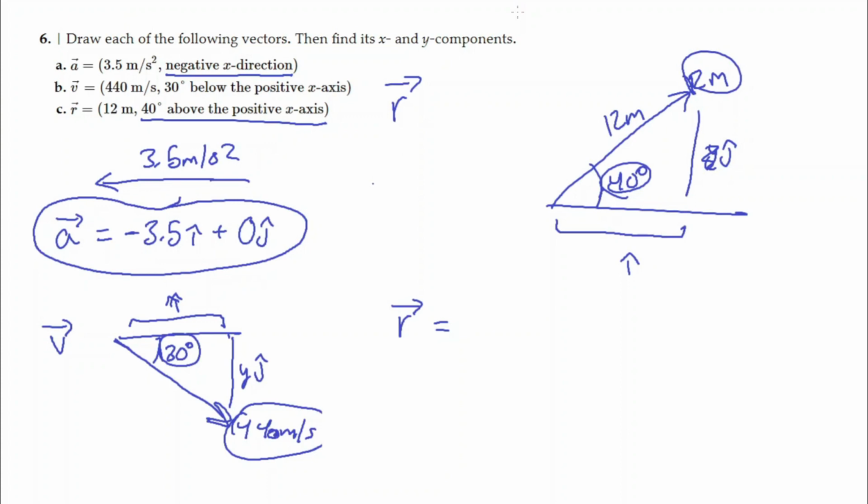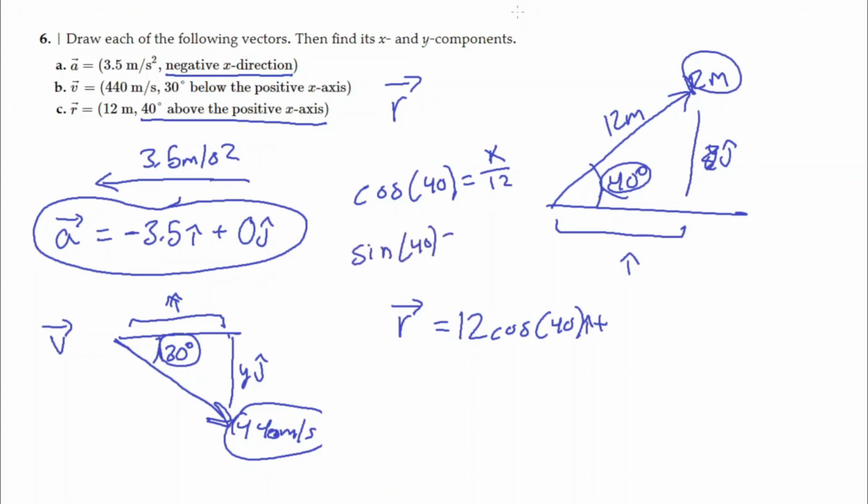So for the x component, cosine 40 is equal to x over 12, in which the x component is going to be equal to 12 times cosine 40, and that's going to be added onto the y component. And then the y component is represented by sine 40 equal to y over 12, in which the y component is equal to 12 times sine 40.